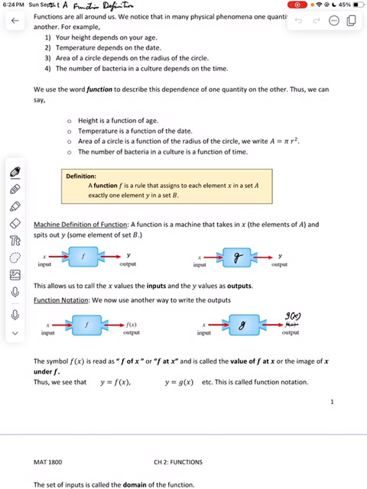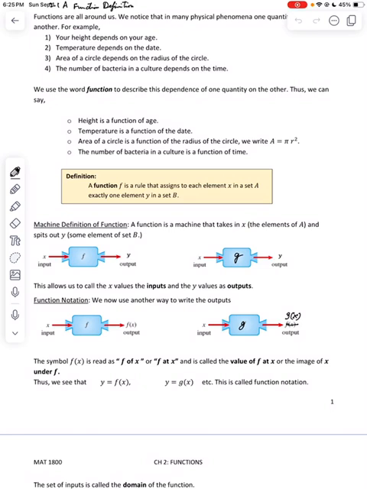So now, instead of the word depend, we will use function. Dependency can be replaced by function. So we say height is a function of age, temperature is a function of date, area is a function of radius, and the number of bacteria in a culture is a function of time.